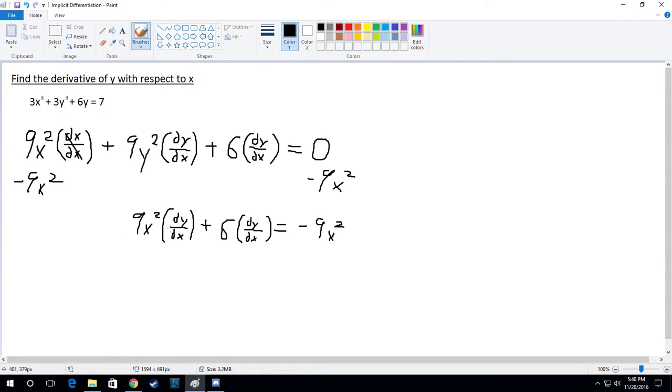Now here, we can simply factor dy dx out of 9y squared dy dx plus 6 dy dx.